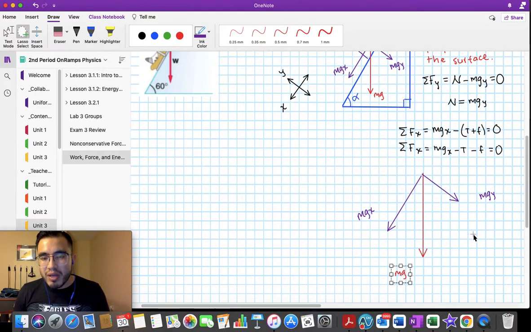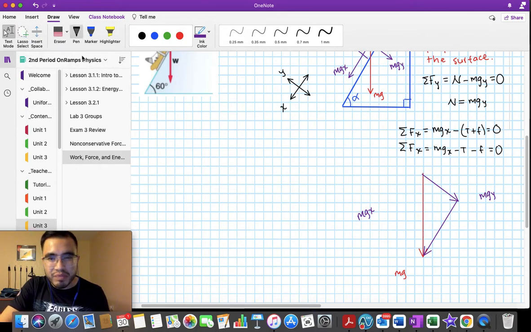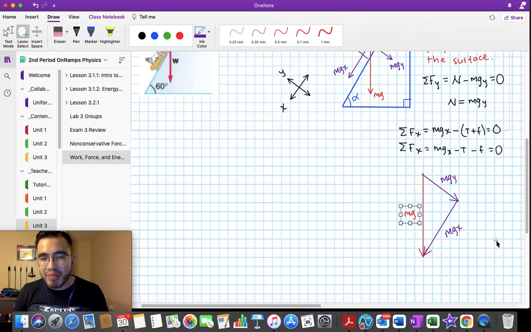As you know, we can move vectors, so I'm going to move this vector over here to get my right triangle. This is mgx down the incline. This is mgy perpendicular to the incline, and this is mg, the weight.